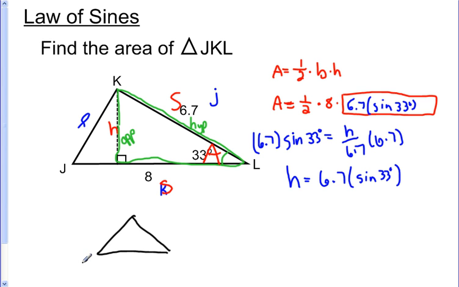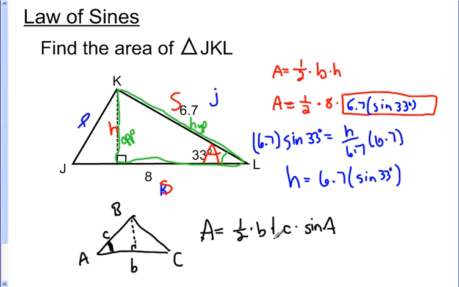Let's say this is A, B, and C, and let's say we're given little b and little c, and we're given angle A. So to figure out the area of this one, the area is going to be 1/2 times the base, which is b, just coincidence there, times c times the sine of angle A, because that gives us the height of this triangle.